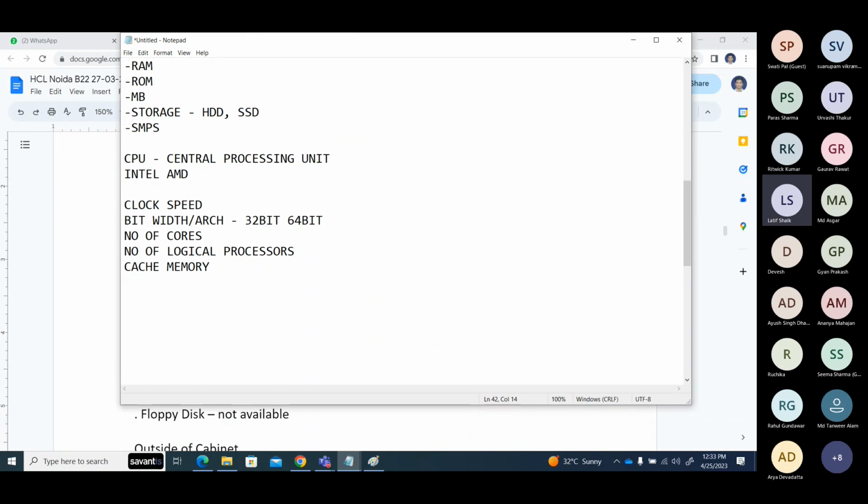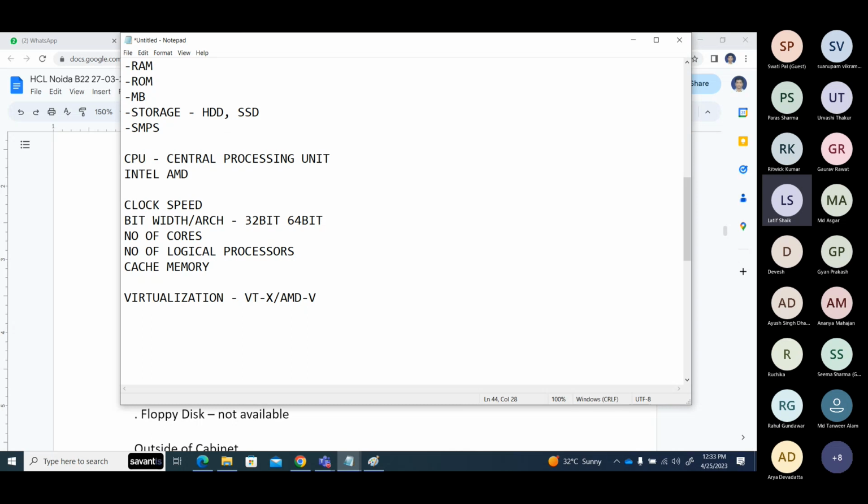These are the basic specifications. And as I said, virtualization: VT-x, or AMD-V in AMD processors. These features are there.